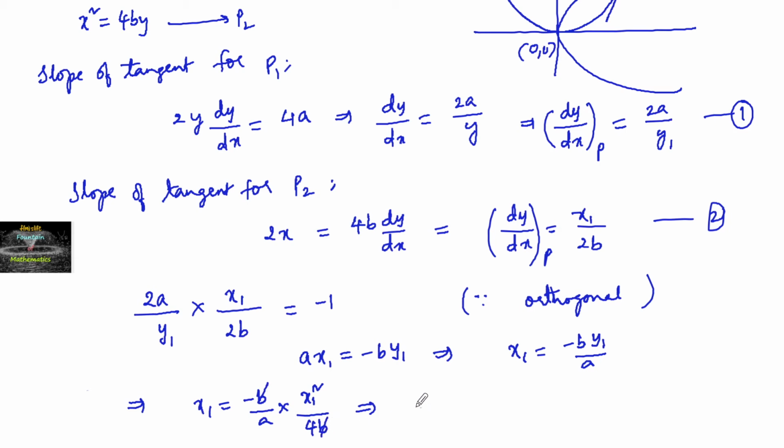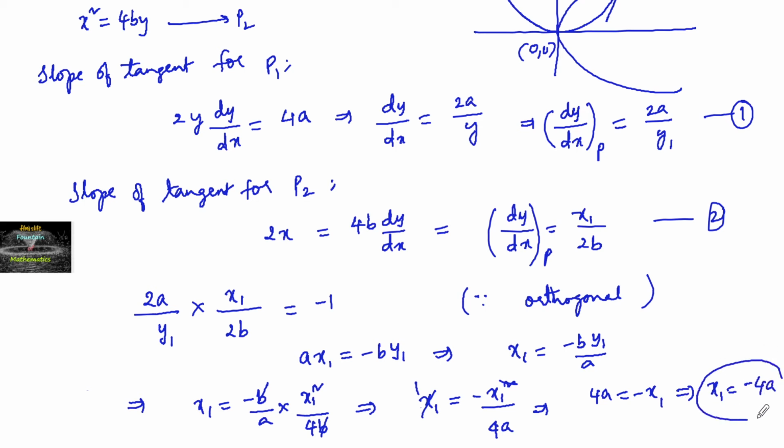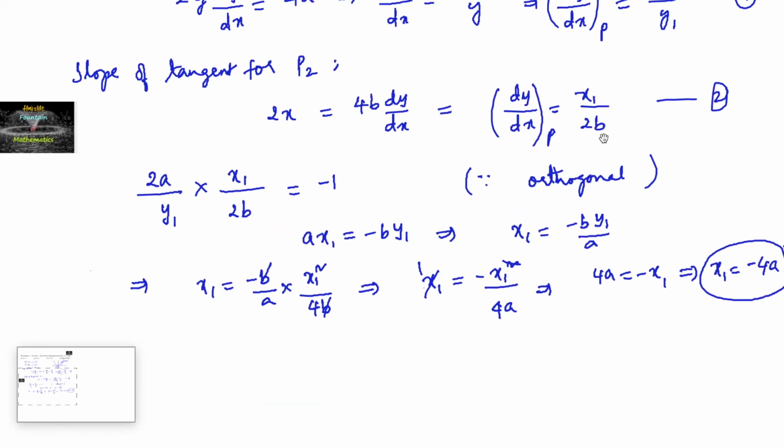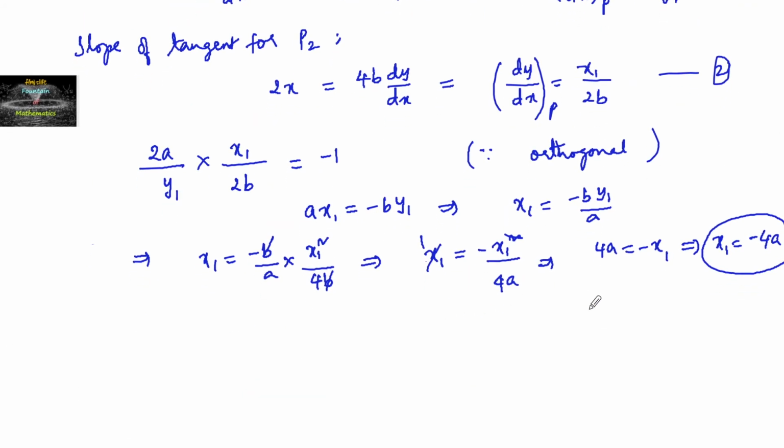So here b and b get cancelled, so x1 is equal to minus x1 square upon 4a, or x1 we can cancel one time, so 4a is equal to minus x1, or x1 is equal to minus 4 times a, and substituting this x1 is equal to minus 4 times a, we'll be getting y1 is equal to 4a square upon b.